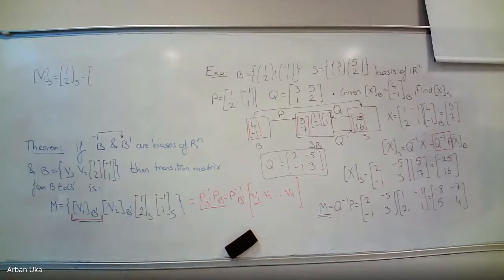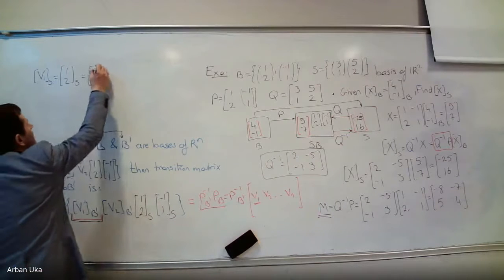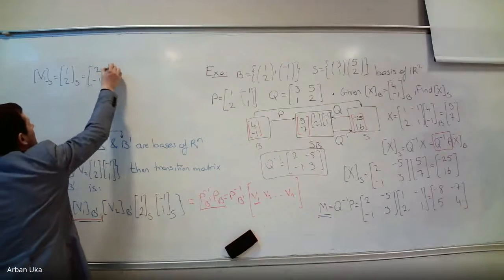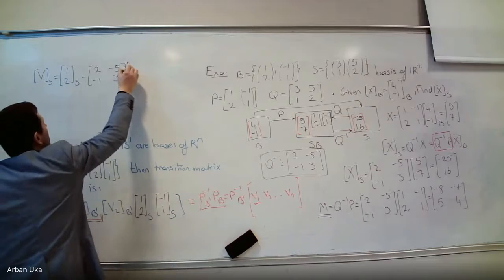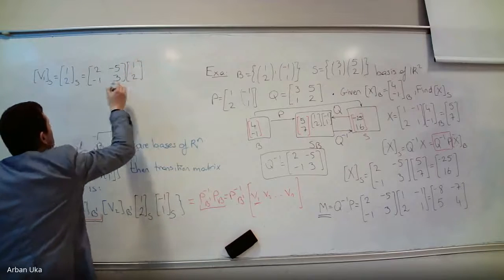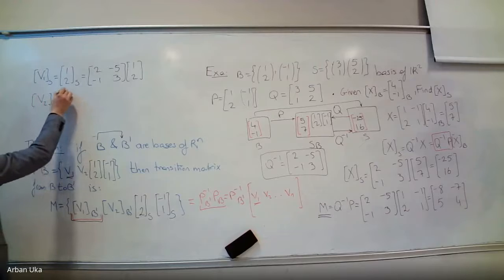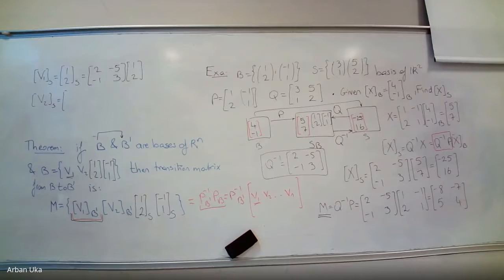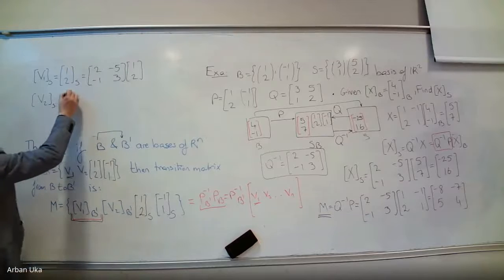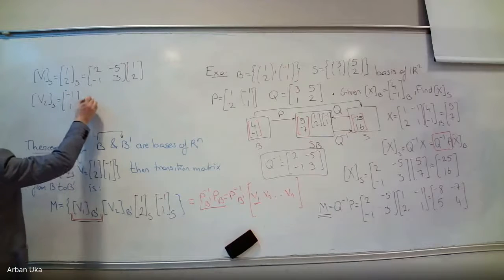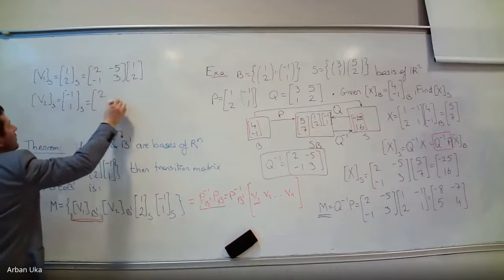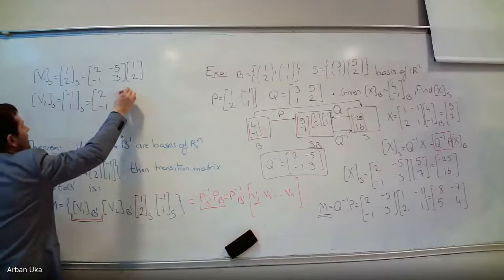What is Q inverse? It is on the board, it's something like 2, 3, minus 1, minus 5, which gives 1, 2. Similarly, V2, according to basis S, is equal to, what was the other one? 1, minus 1, 1, according to S, which means that this is 2, 3, minus 1, minus 5.